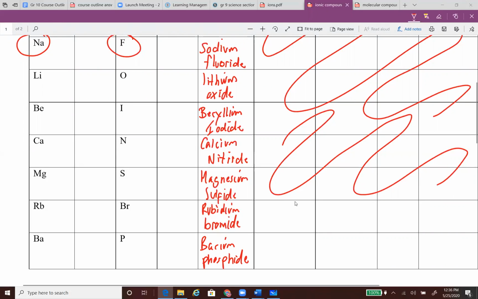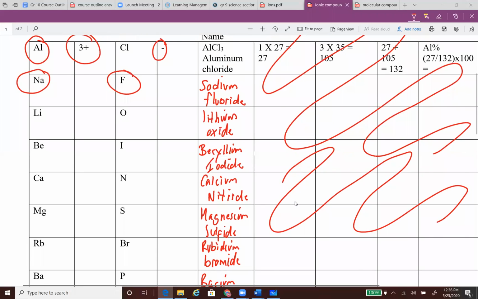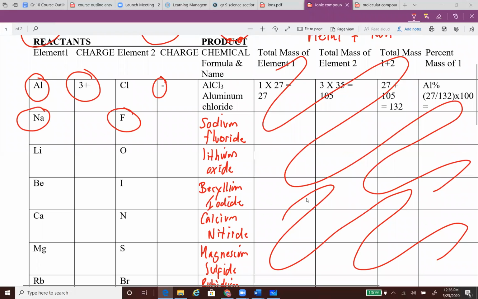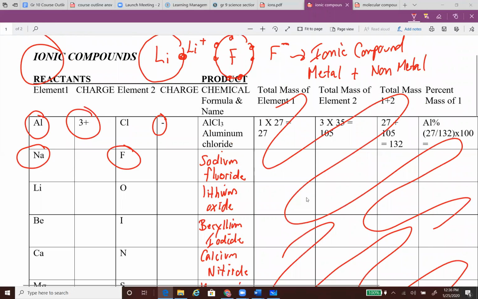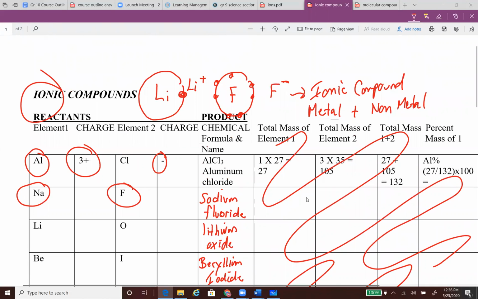Now, that's how to name them. But there's also a section here that says what is the formula? That's actually very, very easy, because let's think of it this way. We know that lithium wants to lose 1 electron and fluorine wants to gain 1 electron. So 1 lithium and 1 fluorine would help each other out.